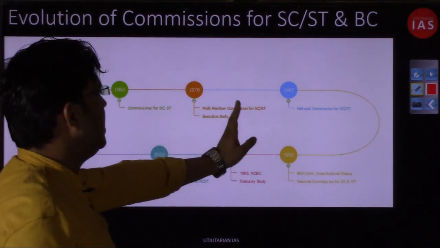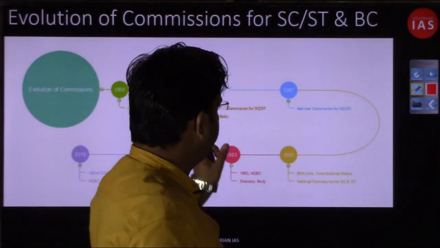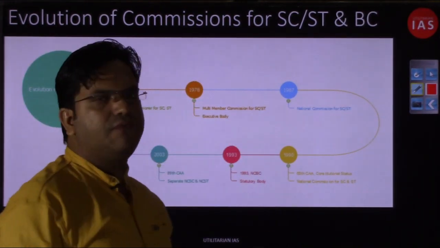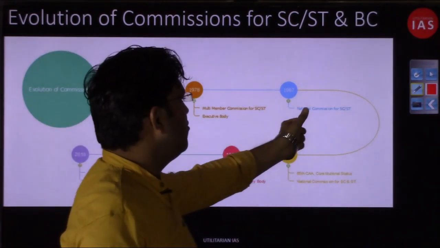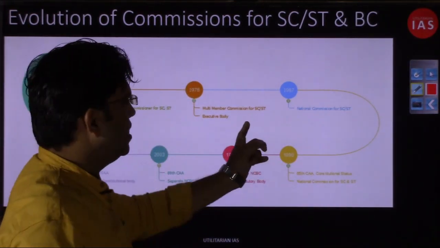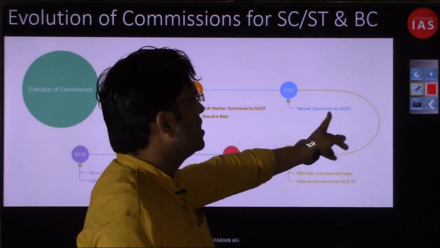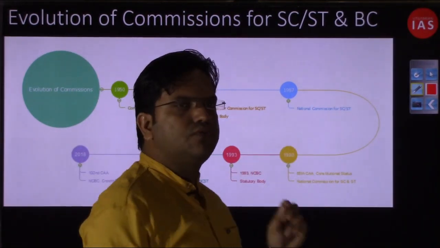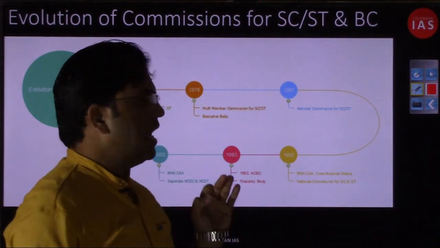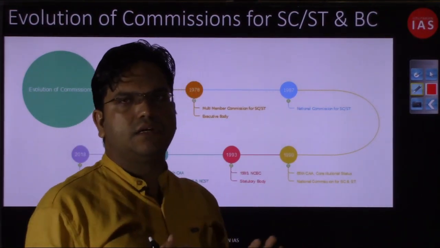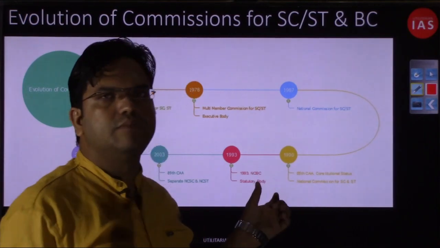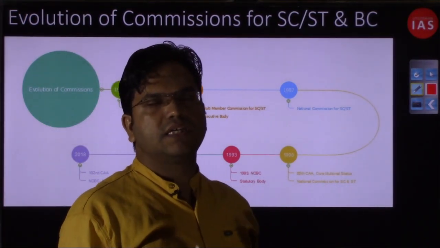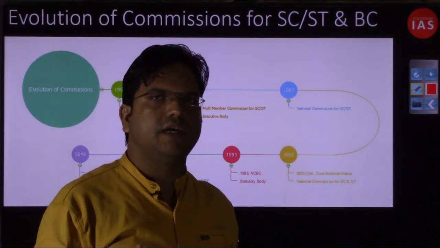Then come to 1987, when a few functional changes were made to this executive body, and with those changes the name of the body was also changed. The name from now onwards is National Commission on Scheduled Castes and Scheduled Tribes. This body is going to take care of the interests of SC and ST. Until now, there is nothing called the National Commission on Backward Classes. That will come into the picture in 1993.